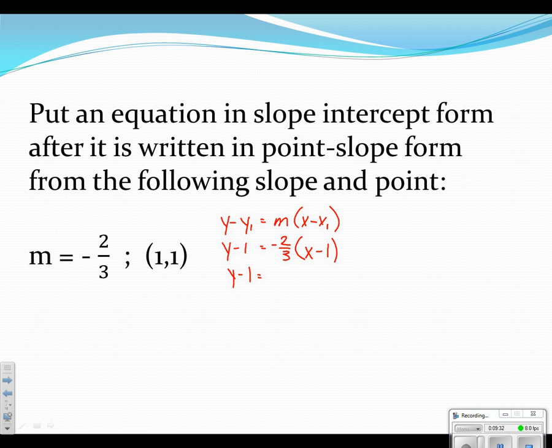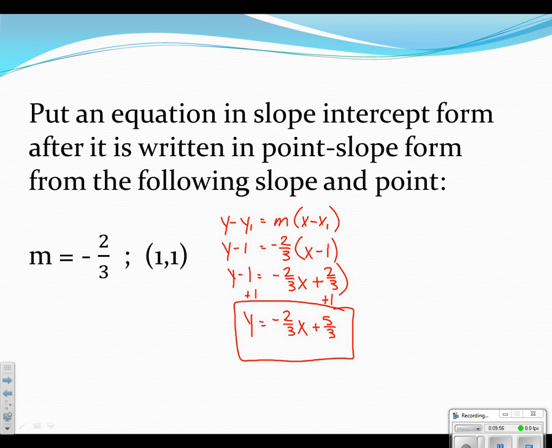Distribute the 2/3. Move your constant over to the other side. And there's y equals mx plus b. So it's not a difficult switch from one to the other.